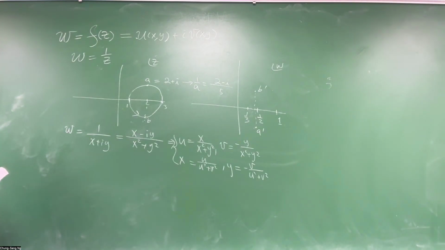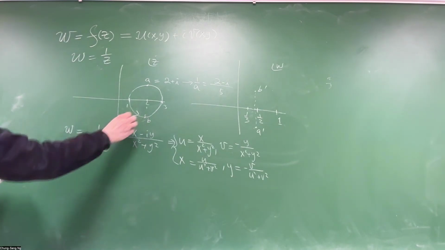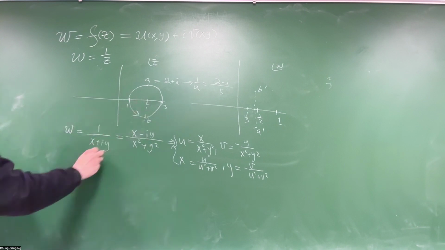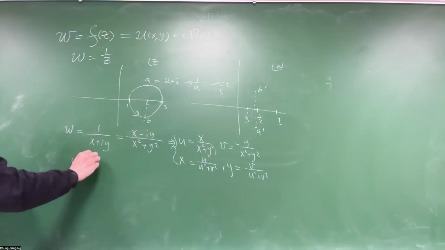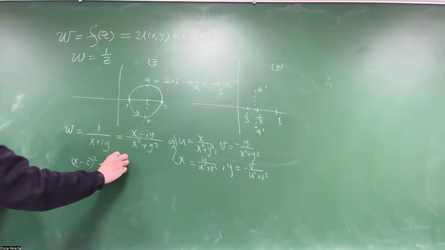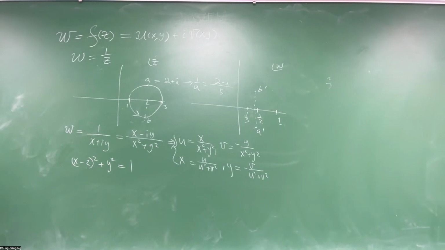If this is originally a circle, it looks like a circle. The circle on top is obviously (x minus 2) squared plus y squared equals 1, right?